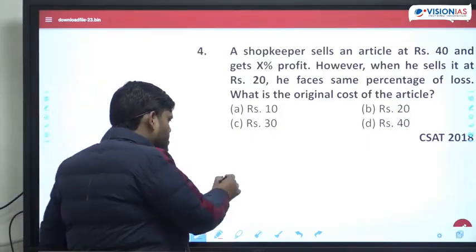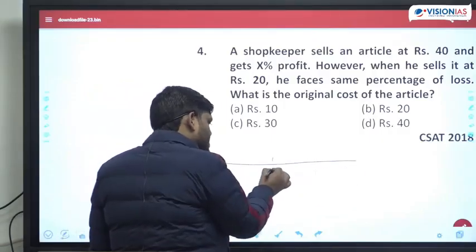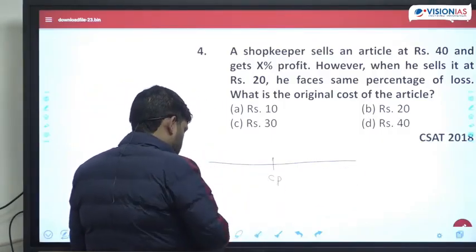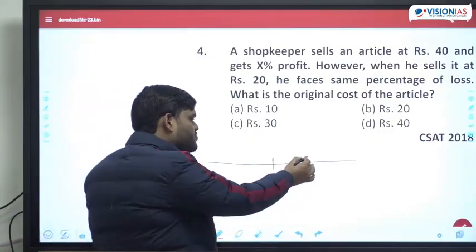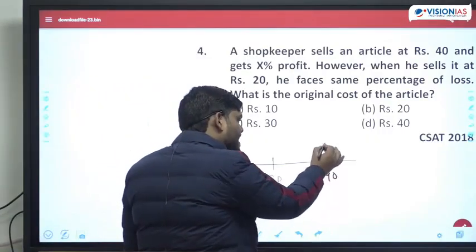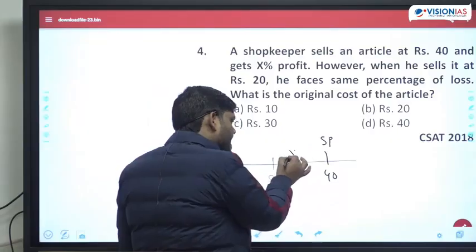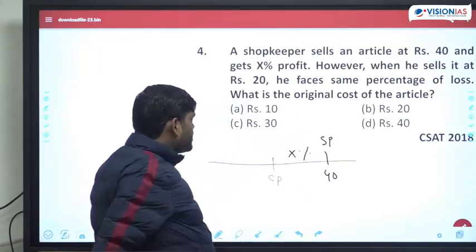The question is, suppose this is the cost price. When he is selling the article at rupees 40, that means if the selling price is 40 rupees, he is getting X% profit.